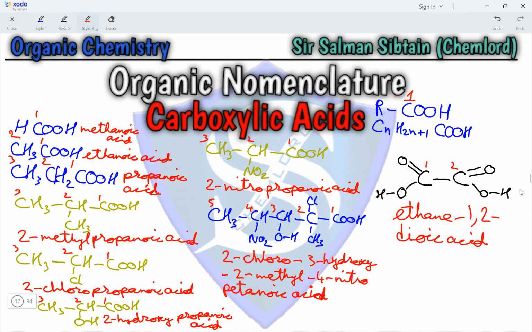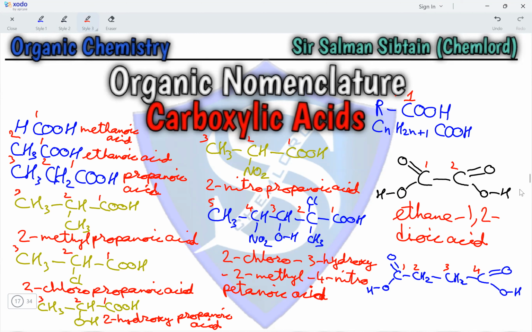Similarly, if we have another compound in which we've got two COOH groups present at the terminals, and let's place two CH2 groups in between. So the numbering can be done from either of the COOH groups because they are present at the terminal. So 1, 2, 3, and 4.